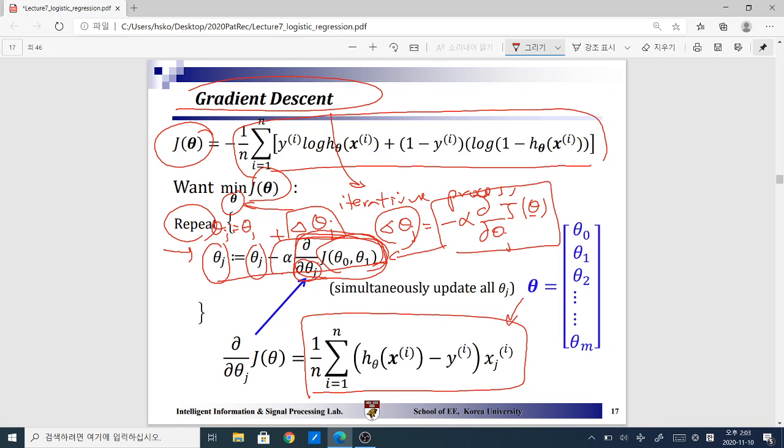That is, it's 1 over n of the summation of the difference between the prediction and the label, multiplied by the feature. Okay, which feature?